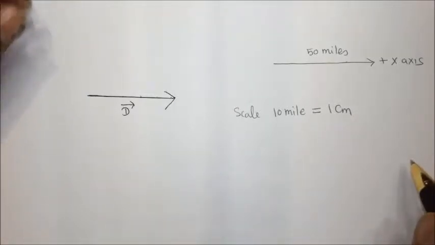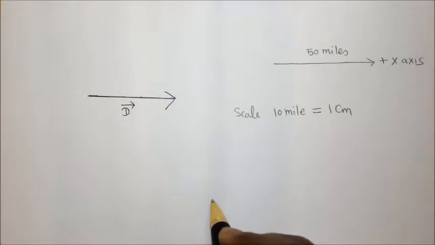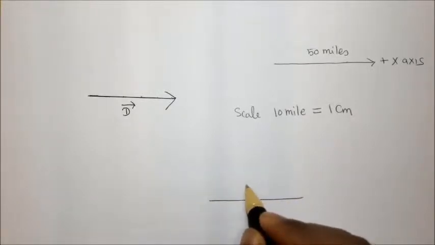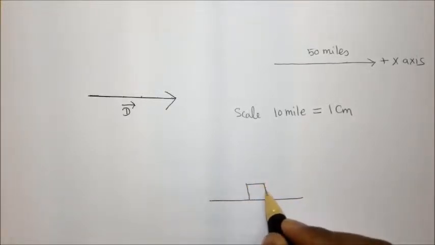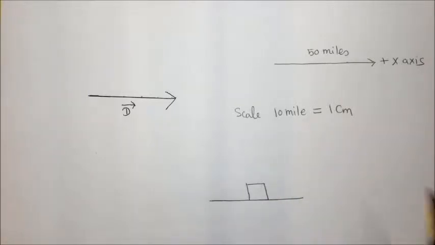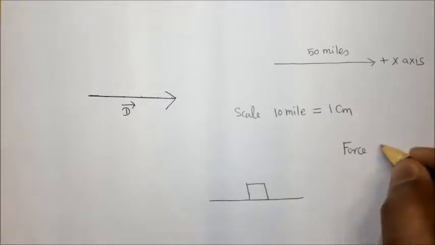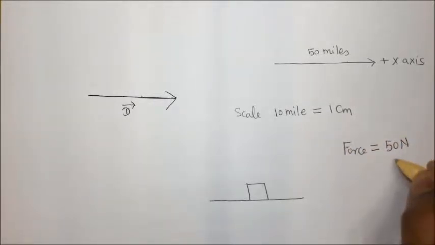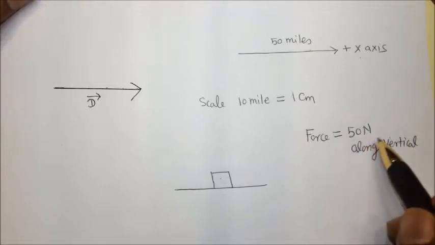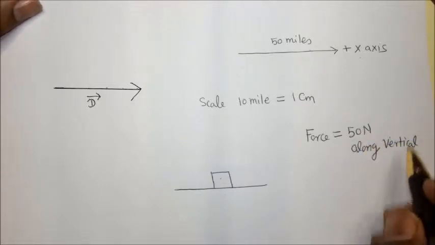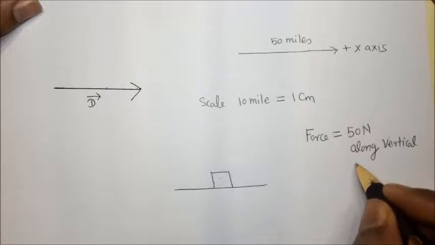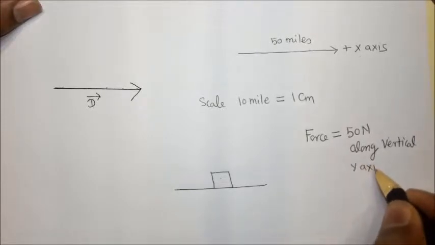Let's take another example. I can say that there is a force working on an object. The force is 50 Newton along the y-axis. The force is 50 Newton along the vertical y-axis.